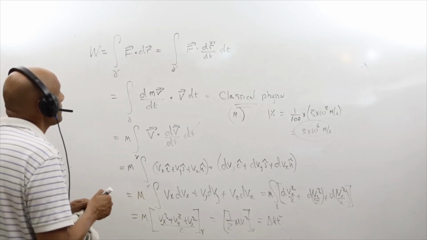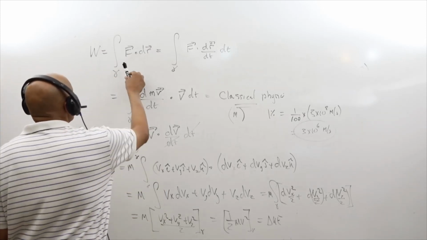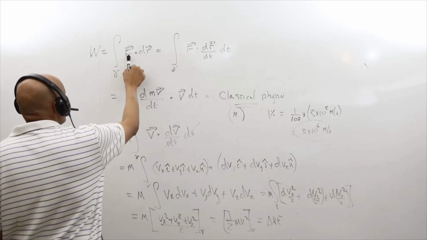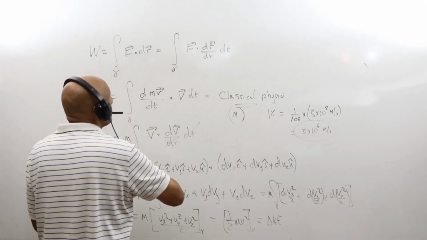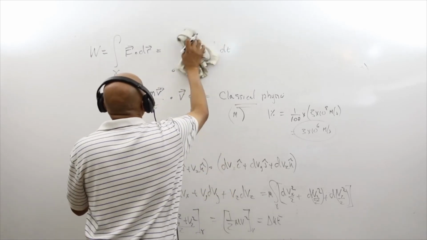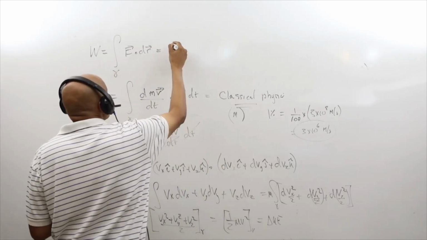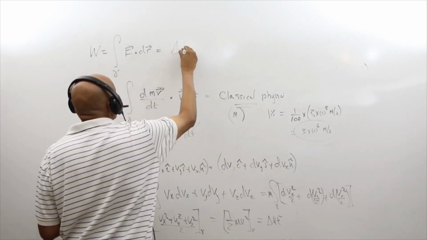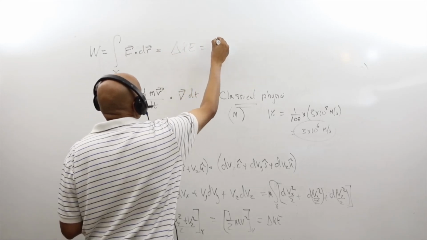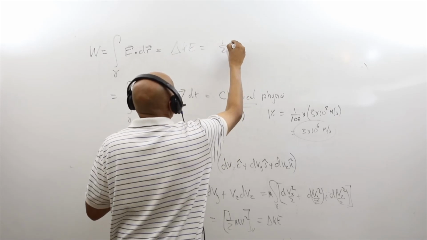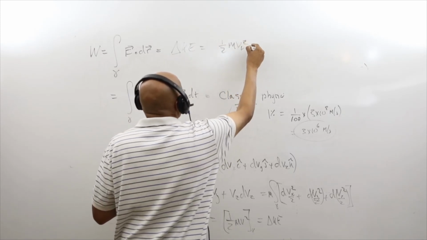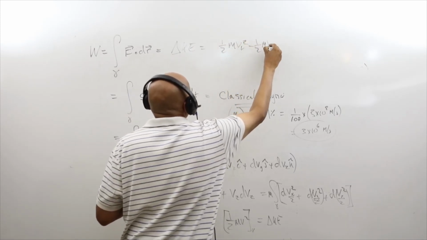So what you're saying is that if we have some force being applied on an object across some path gamma, then that is equal to the change in the kinetic energy, which is 1/2 m v final squared minus 1/2 m v initial squared.